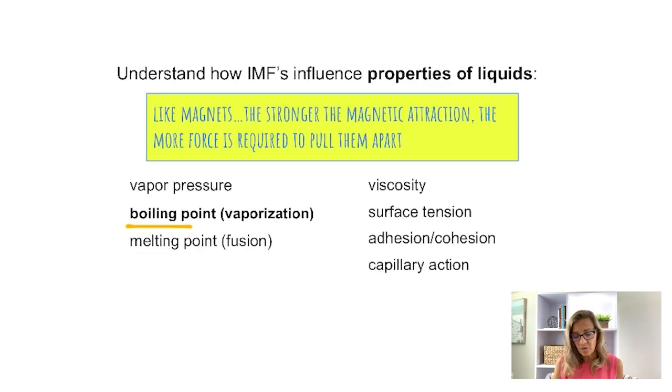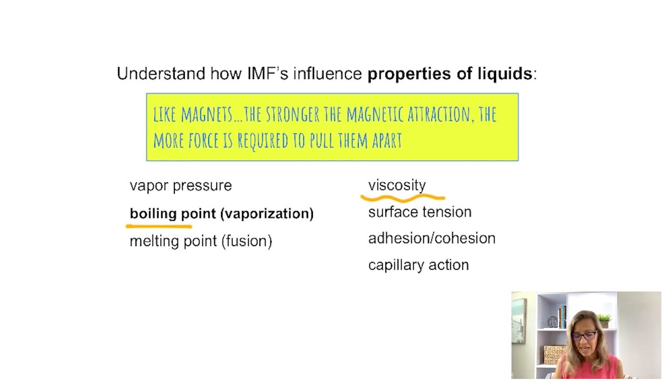Okay, so we are going to use these intermolecular forces to predict or explain some of the physical properties. Viscosity is resistance to flow. So think about it. If molecules were more attracted to each other, then that liquid would have a higher viscosity because they are attracting each other, and that would resist the flow.